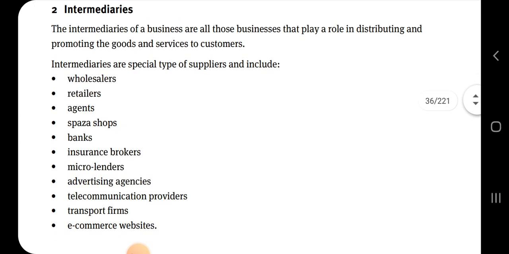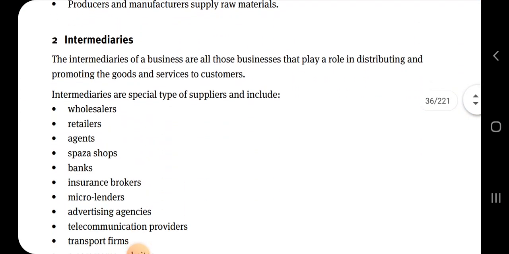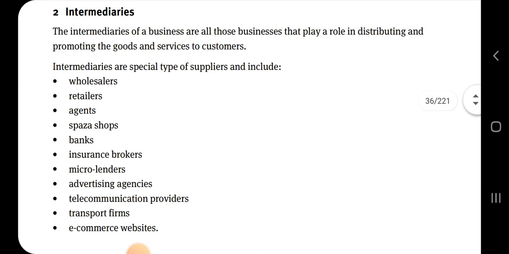And then after suppliers, we will talk about intermediaries. An intermediary is actually a middleman between the consumer and the supplier. In this instance, let's say we are producing leather shoes. The supplier will be a person that is selling leather to us. So an intermediary will be a person who is standing between the supplier and the customer, right?